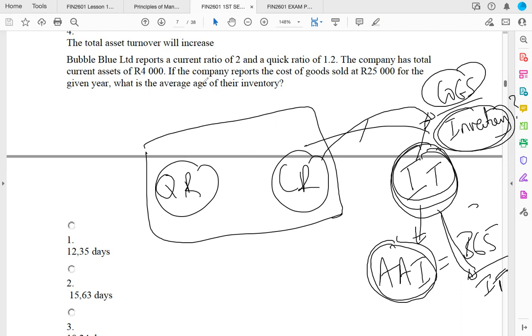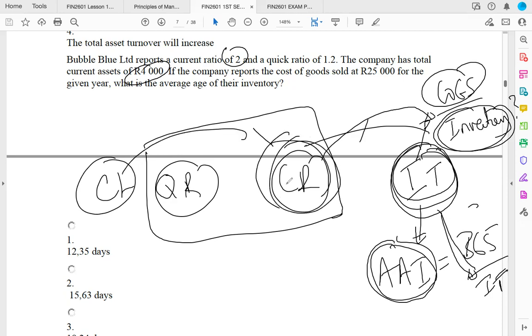Usually you'll start with the current ratio, and you'll be given your total current assets. Then you need to use that relationship to get your total current liabilities, right? So you need to take your current assets and your current ratio, then you get your current liabilities.